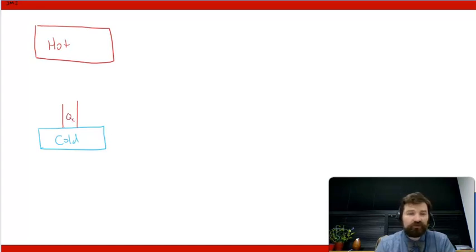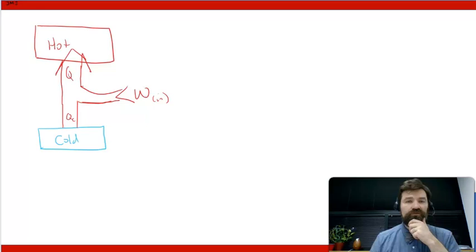We'll say QC. And this time, instead of doing work out of the system, we have to do work into the system. Work in. And the result of this work is that we're able to pull this heat from the cold reservoir and dump it into the hot reservoir, QH.